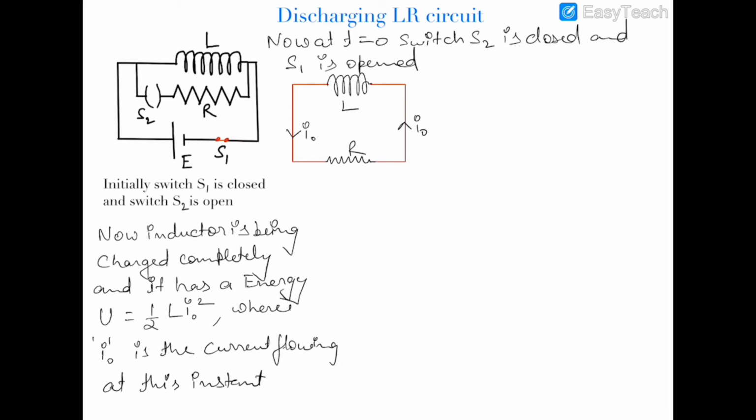Now we know that this is the peak current and hence it would decrease because we are studying the discharging LR circuit, and resistance is that element of an electrical circuit which is responsible for loss of energy. Therefore the energy would be lost in this circuit in the form of heat across the resistance, and therefore this current will decrease. So I can say that this is a decreasing current.